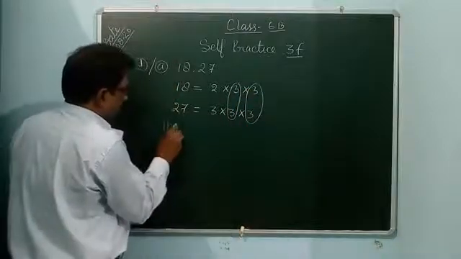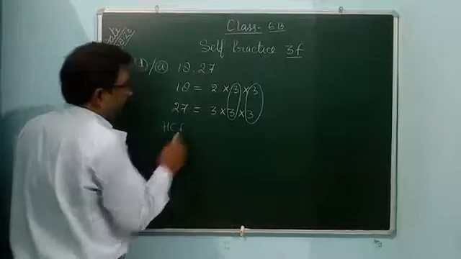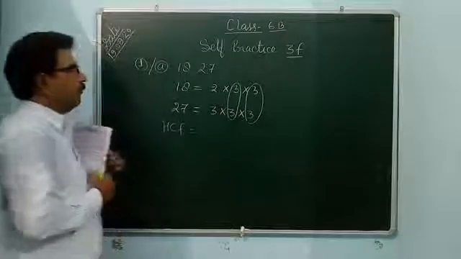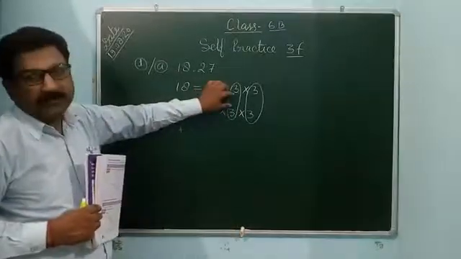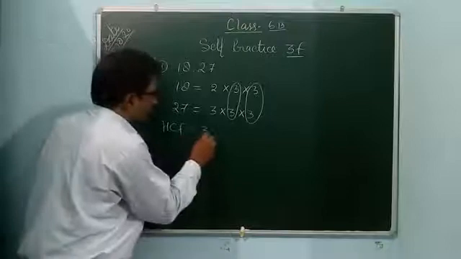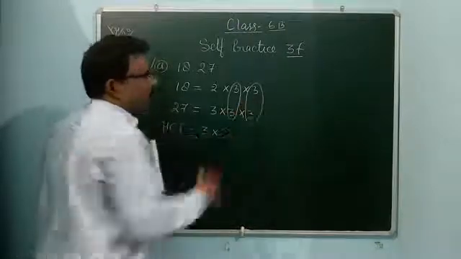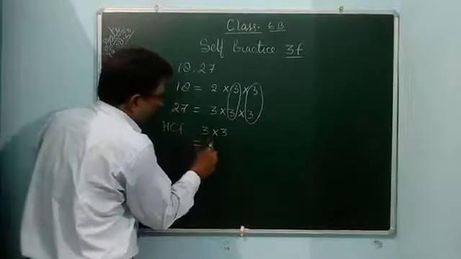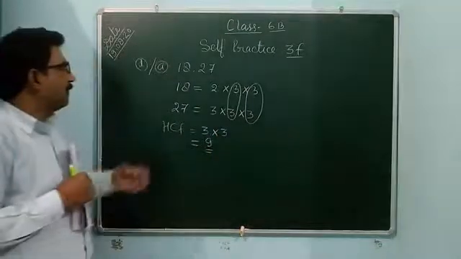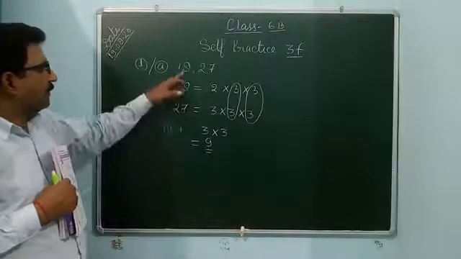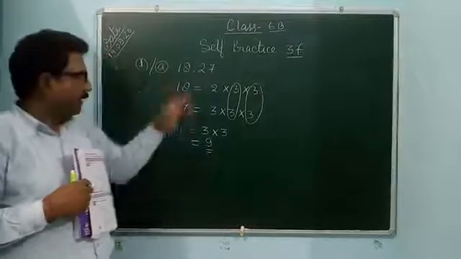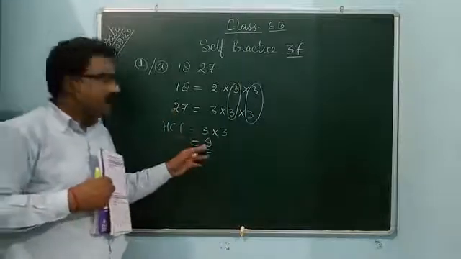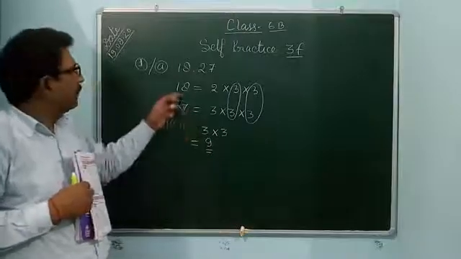It means HCF is equal to 3 into 3. 3 is common one time, you write 3 here, and 3 is common a second time, so you write 3 again. 3 times 3 is 9. So 9 is the HCF of 18 and 27. It means 9 divides both the numbers 18 and 27.